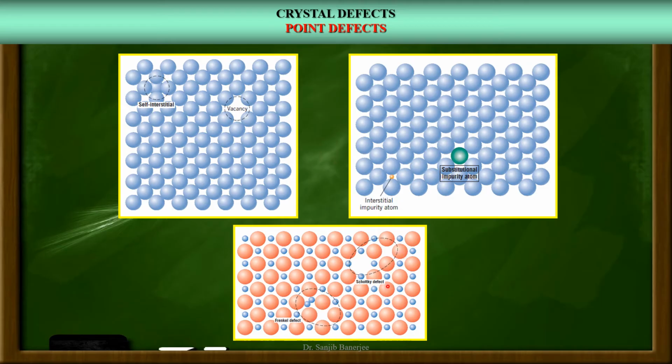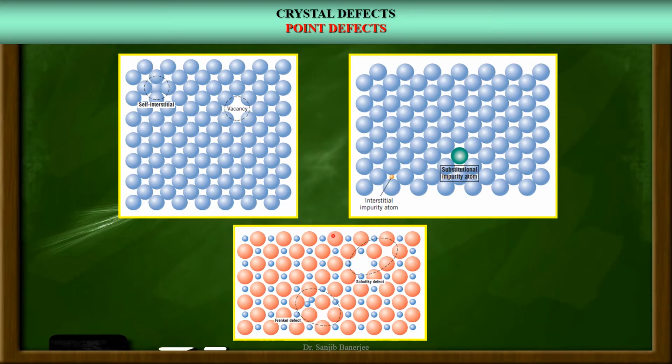Another two point defects we can talk about are the Schottky defect and Frankel defect. Firstly, in case of Schottky defect, an atom of a particular lattice site can be moved into the external surface of the crystal.